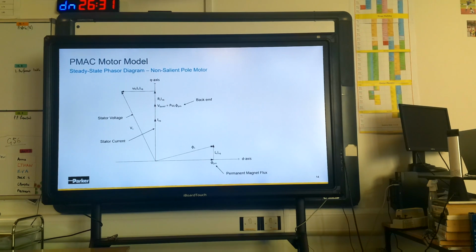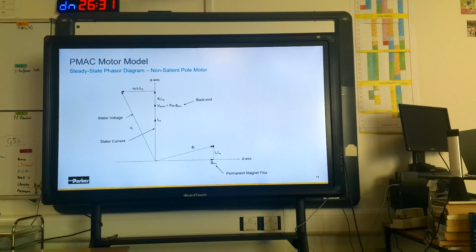If you remember those? So if I was to look at a non-salient pole type machine, imagine it was running at some speed, imagine it was at some load, what would the various currents and voltages be and how would they relate to each other? And you would end up with a diagram like this.